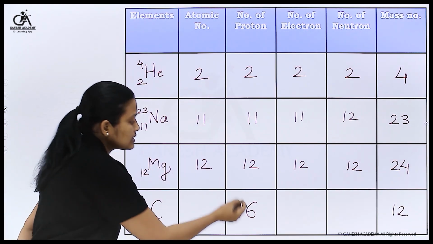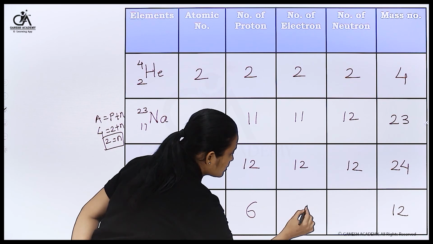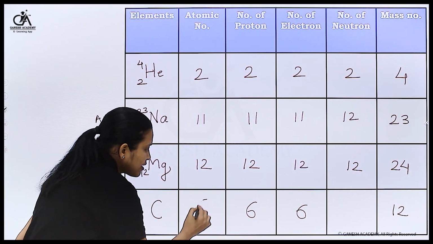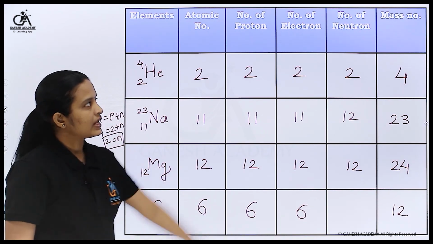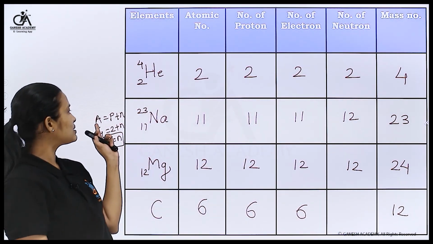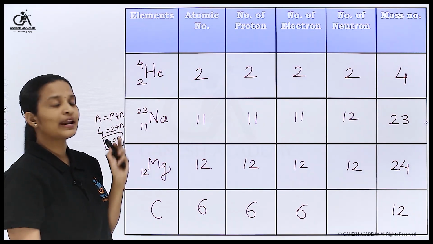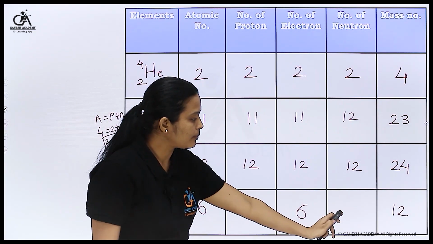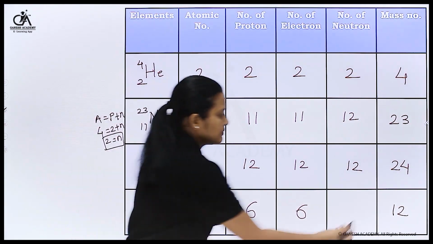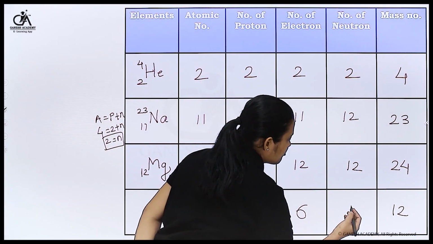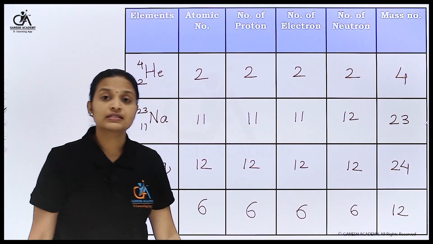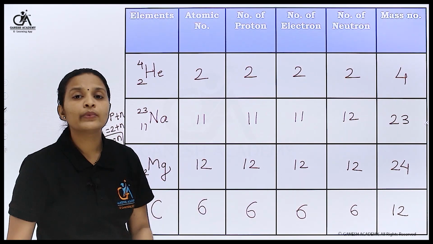Proton number is 6, so the number of electrons is 6 and the atomic number is 6. The mass number is 12, which is the addition of protons and neutrons. To calculate the neutron number, we subtract the proton number 6 from 12, so the answer is 6. So the neutron number is 6.